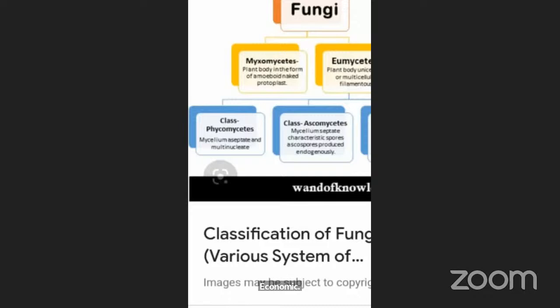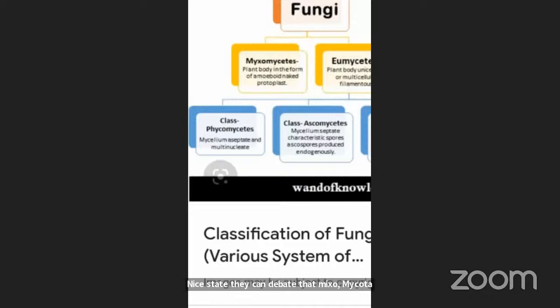Reproduction is over. Now the classification, according to Ainsworth's classification 73. Most of the fungal members come under the Mycetae. The Mycetae divide into Myxomycota and Eumycota.